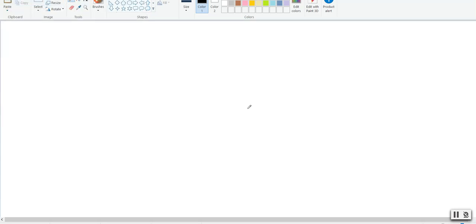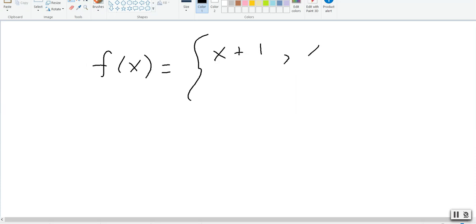If you have a function that is divided into more than one piece of the domain, for example, I'm going to start with a simpler one, but let's just say I've got x plus 1 for the x values that are less than 0 and x minus 1 for the x values that are greater than or equal to 0.